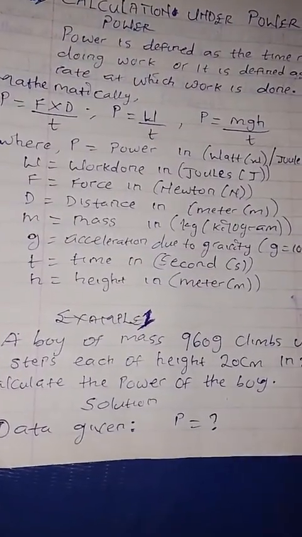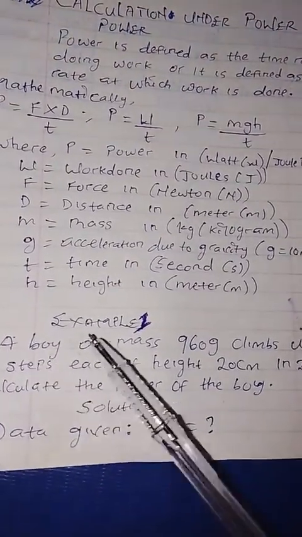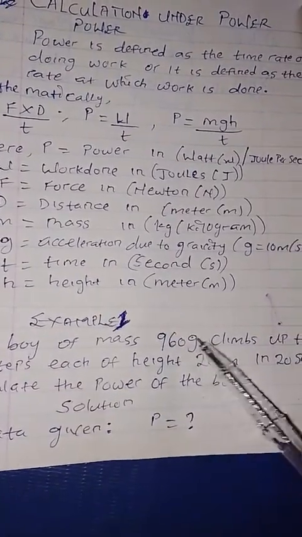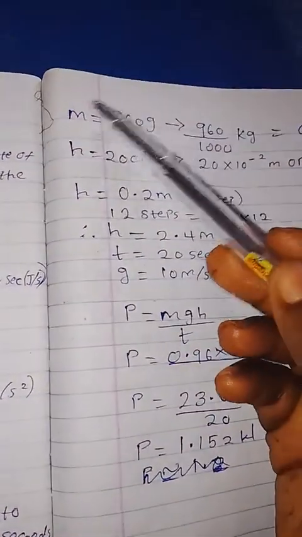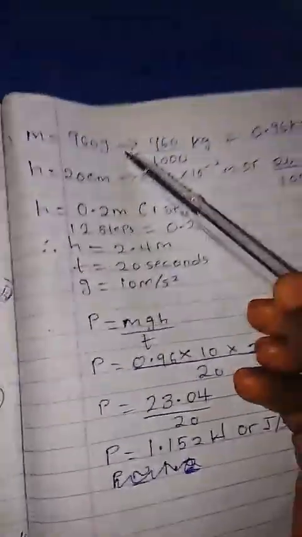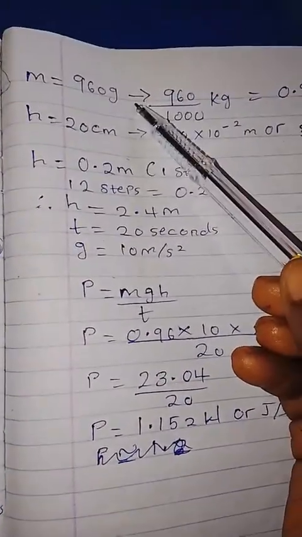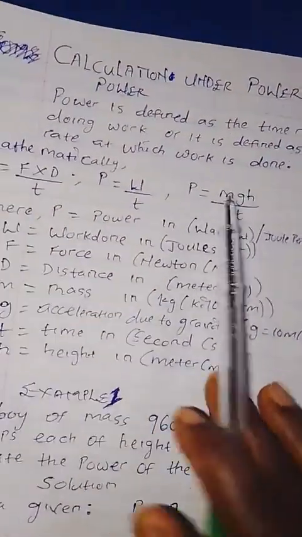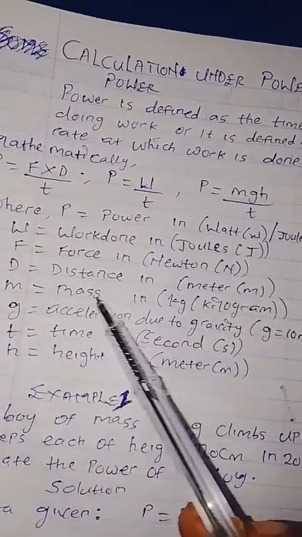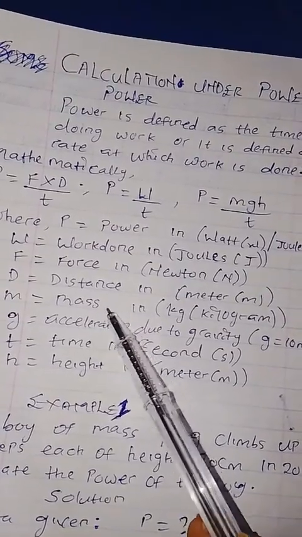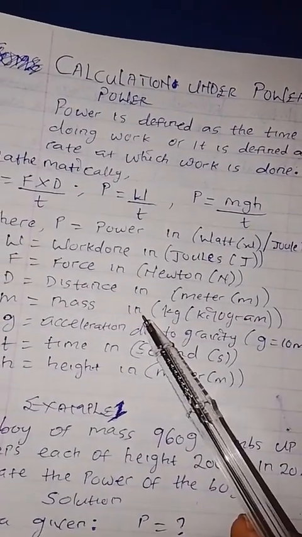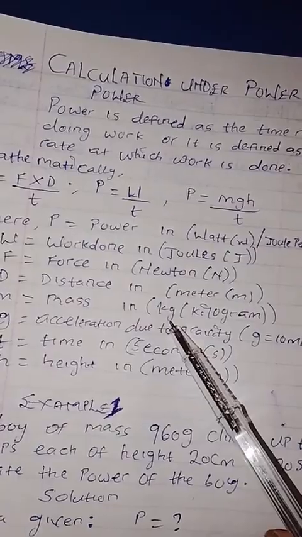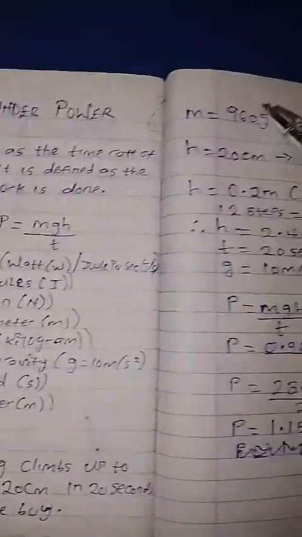Now, if we start writing the remaining parameters, they said a boy of mass 960 gram. Now, it means that our M is equals to 960 gram. But that is why we are to take note of our units, because when I was giving us the formula and their units, mass in this place is measured in kilogram, which is kg and not gram.